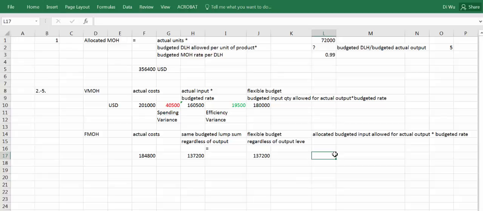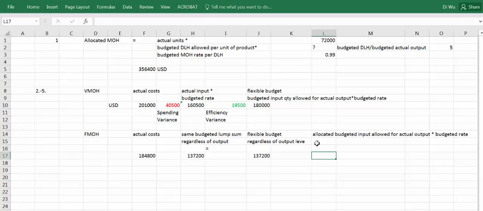This one is a little bit tricky, so we're going to assume that we apply the flexible budgeted rate, considering it a variable, to see what kind of number we derive based on this formula. Once again, it has no meaning. It just shows you the production volume variance, so that you remember, in the last table I showed you the layers.